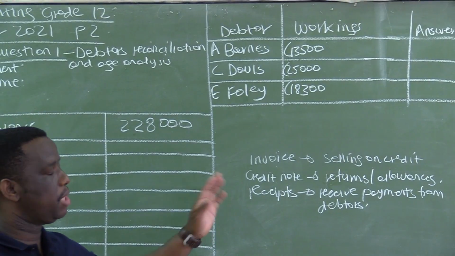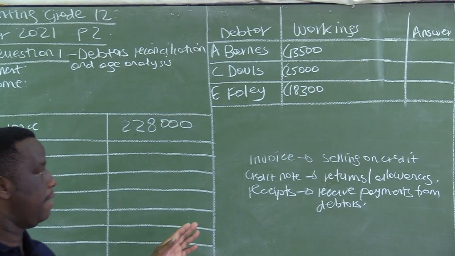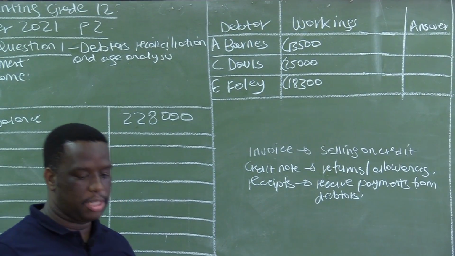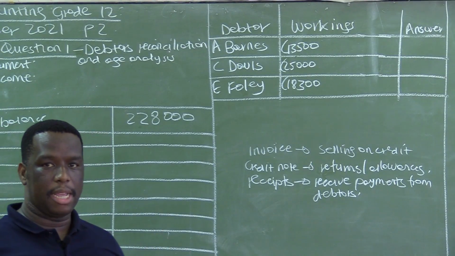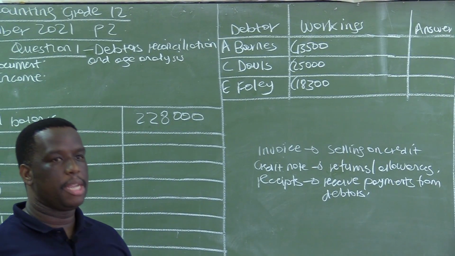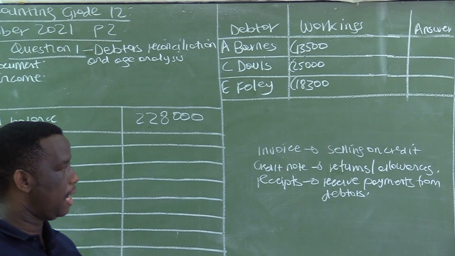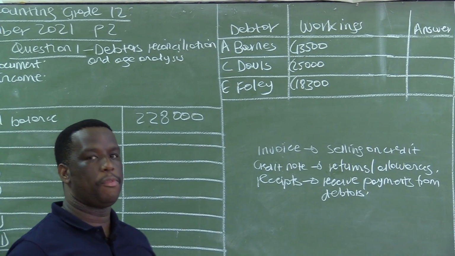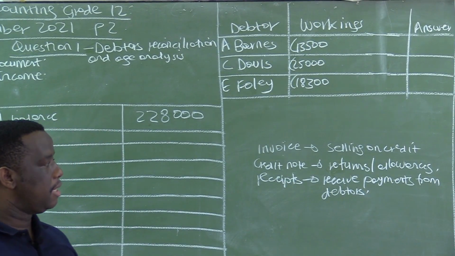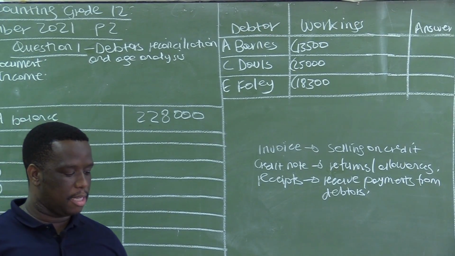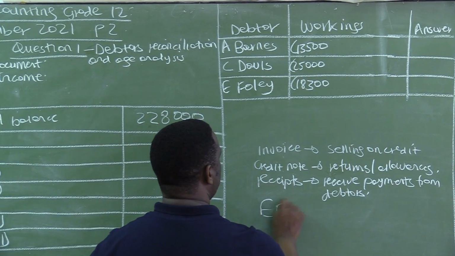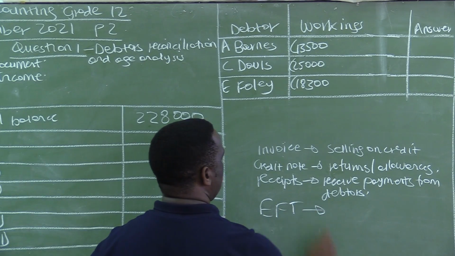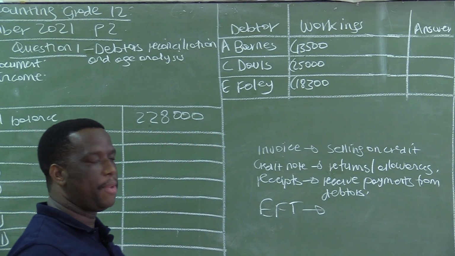So it is very important for students to familiarize themselves with these source documents, because the transactions will be talking about these documents. An invoice is issued when selling on credit, a credit note is issued for returns and allowances, and a receipt is issued when we are receiving payment. And you also need to know EFT, which refers to electronic funds transfer.